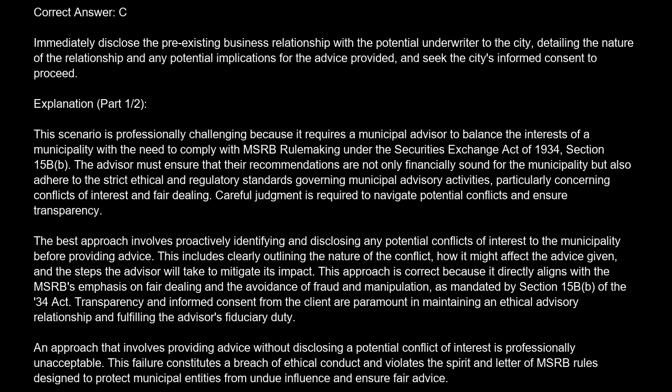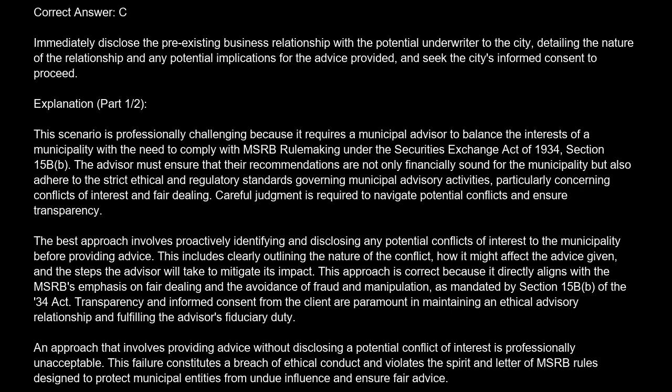This approach is correct because it directly aligns with the MSRB emphasis on fair dealing and the avoidance of fraud and manipulation, as mandated by Section 15B of the '34 Act. Transparency and informed consent from the client are paramount in maintaining an ethical advisory relationship and fulfilling the advisor's fiduciary duty.